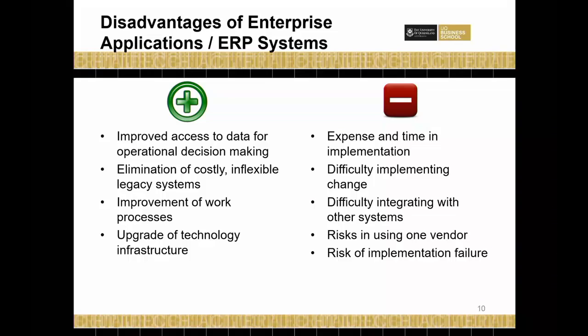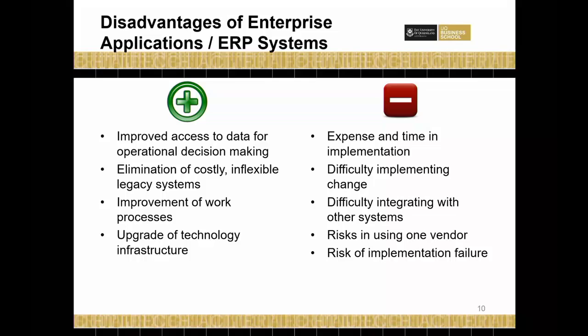There are a number of benefits associated with the introduction of an ERP system. At the same time, there are a number of risks. And despite the known risks of implementing an ERP system, companies still go ahead with implementing those systems.